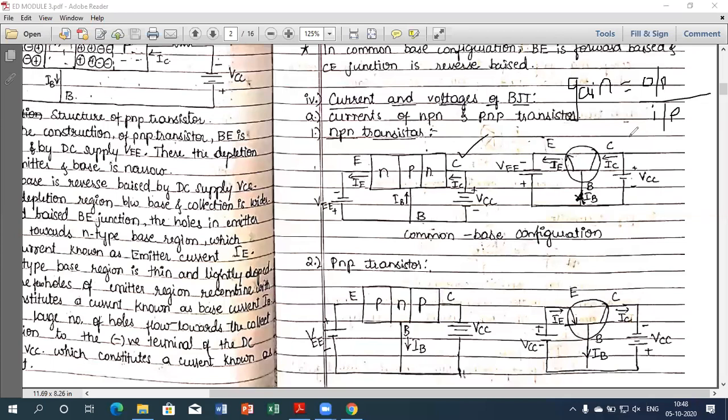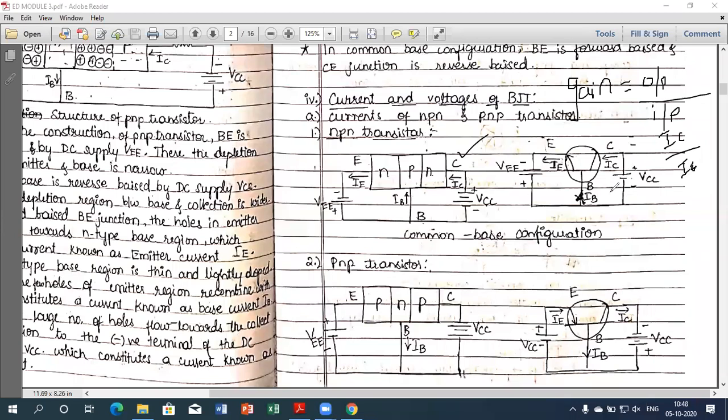So from this I can write that the gain of this is IC divided by IE. I hope you guys are getting this. So IC divided by IE, because output by input.